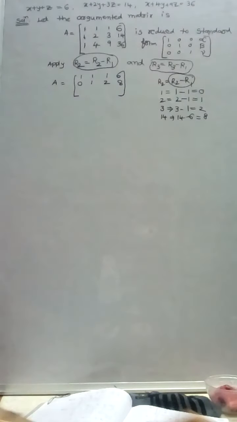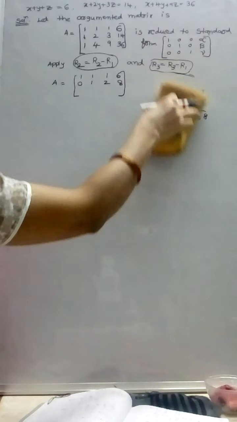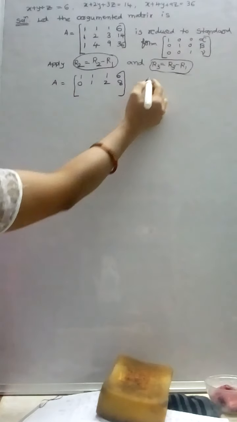Now we find the third row by using R3 equal to R3 minus R1.